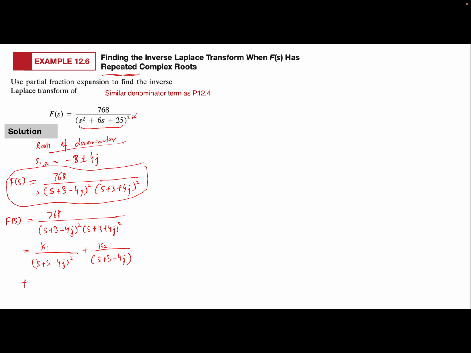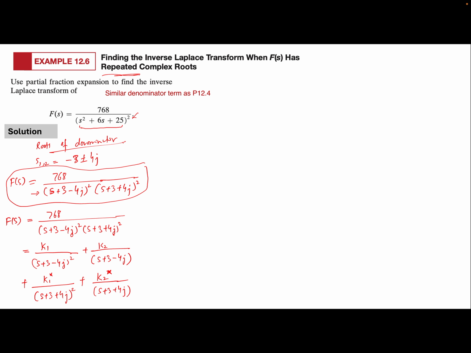Then I'm going to do K1 prime, which is the complex conjugate, over s plus 3 plus 4j whole square. And the other constant is K2 prime over s plus 3 plus 4j. Okay, so awesome. So I got this expansion of this proper rational fraction into partial fractions.